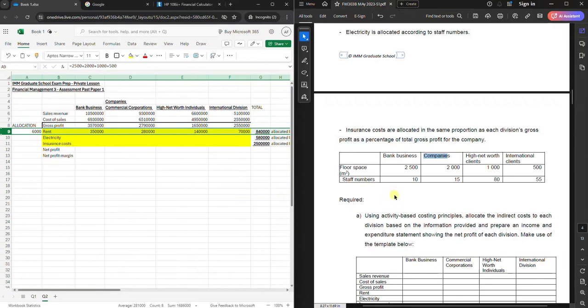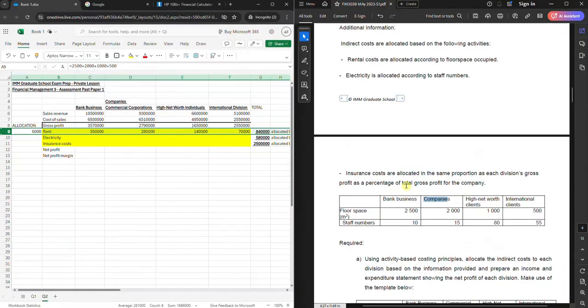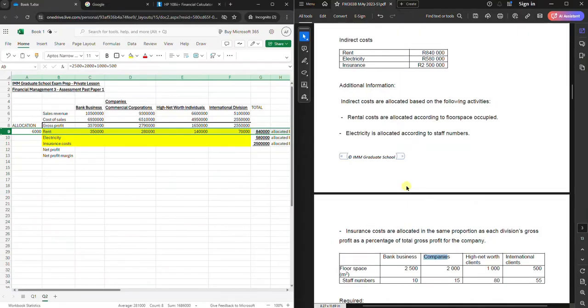Yes, 100%. Can I just run through the calculation with you one second? Okay. Yeah, explain it. What happened? We obviously have the indirect cost, which is the rent of the 840,000 rand, that goes to the floor space. In the bank business, they're using 2,500 meters squared.